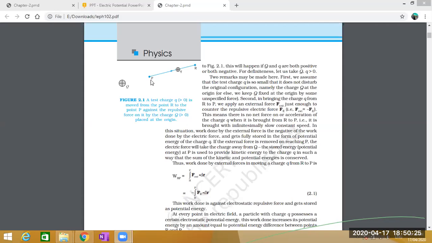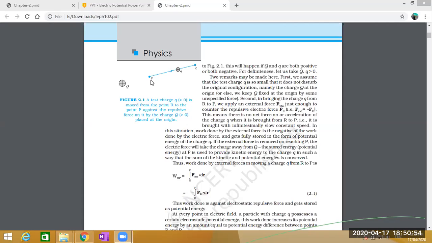So as soon as you drop the ball, it will come down on its own. And remember, if the ball is at some higher location, it will strike the ground with higher kinetic energy. If the ball is dropped from a lower height, it will strike the ground with lower kinetic energy.